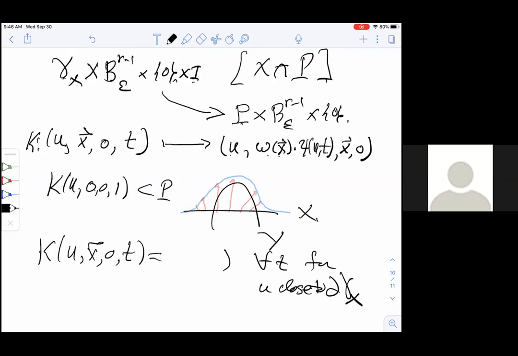So now I'm interested in what the isotopy does when u is near the boundary. So this is u comma 0, u comma 0 comma x comma 0. Let me write that a little bigger.